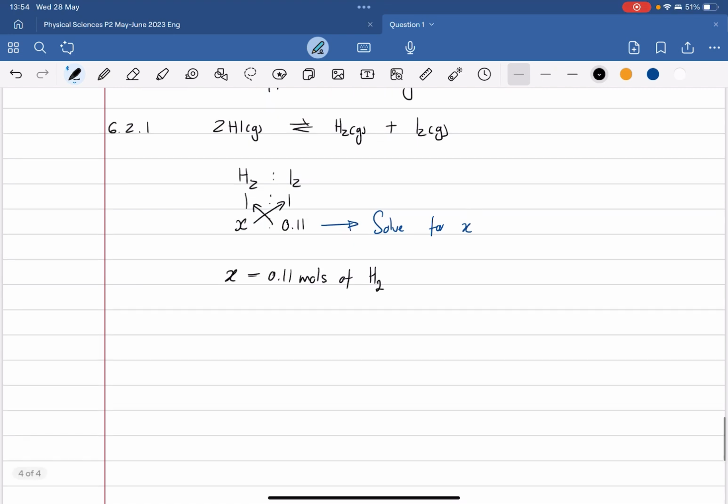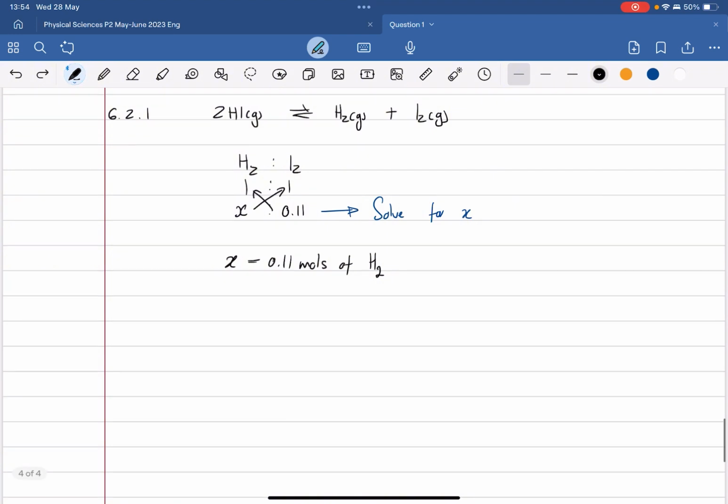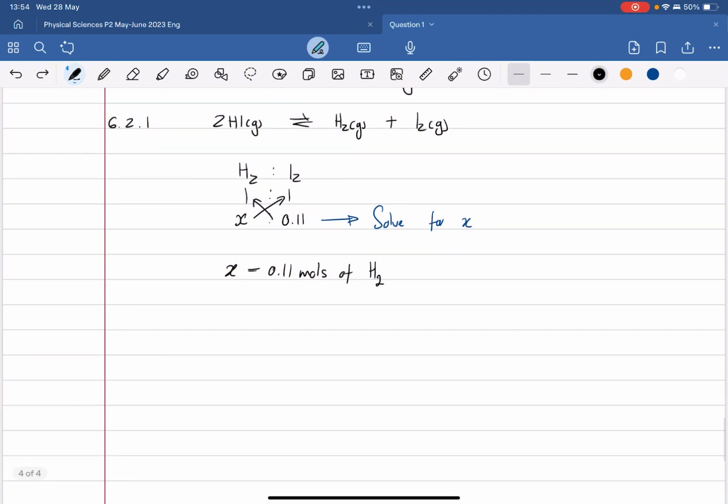This is how you use the stoichiometric ratio to find the number of moles. You set up your 2 substances, write down the ratios, write down your X, which is what you're looking for, fill in what you know, and then solve for X, which is what you don't know.